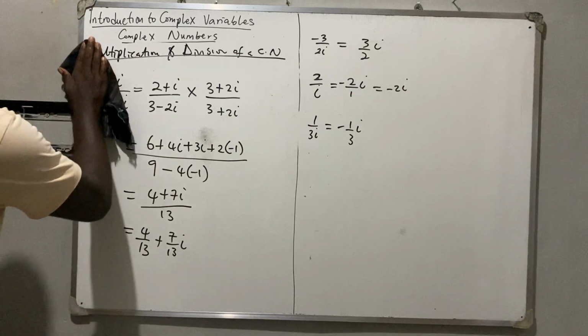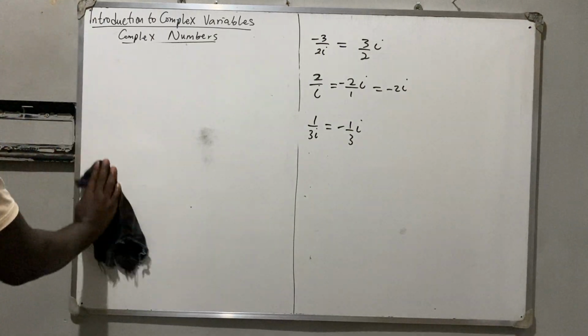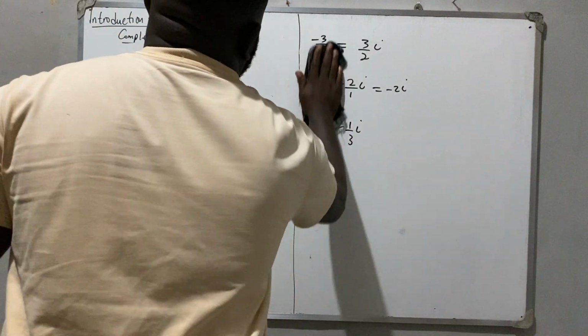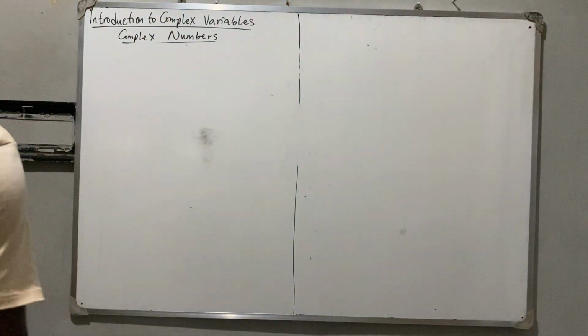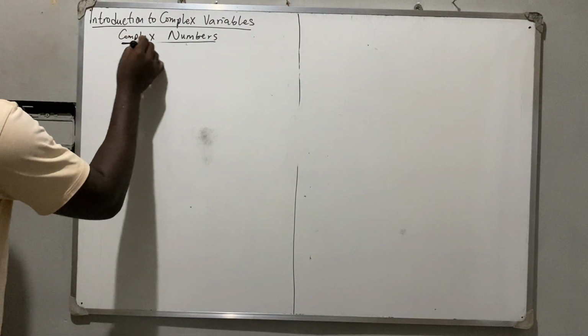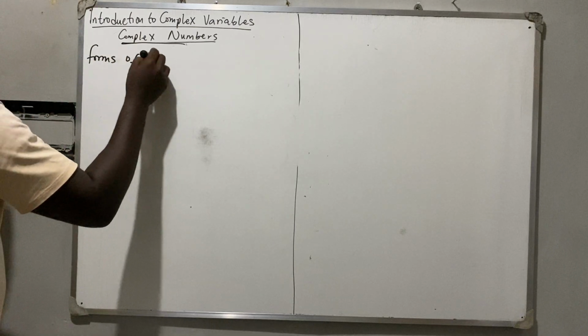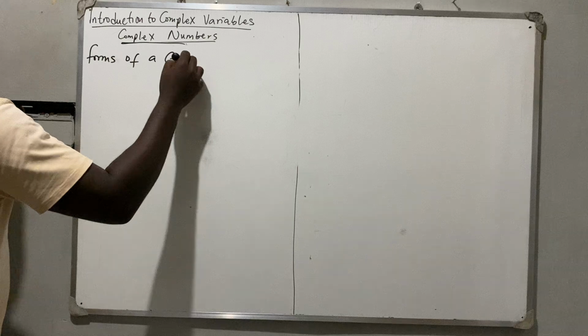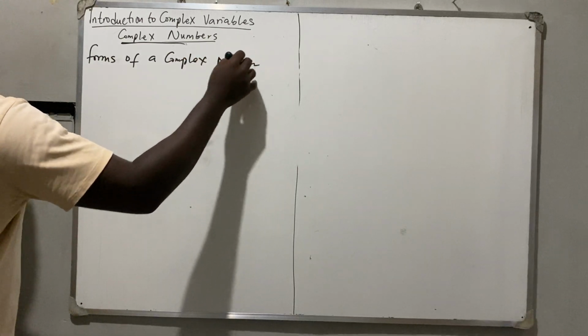So we now move to forms of a complex number. Remember we've not even started the complex variables. We are still on complex numbers.